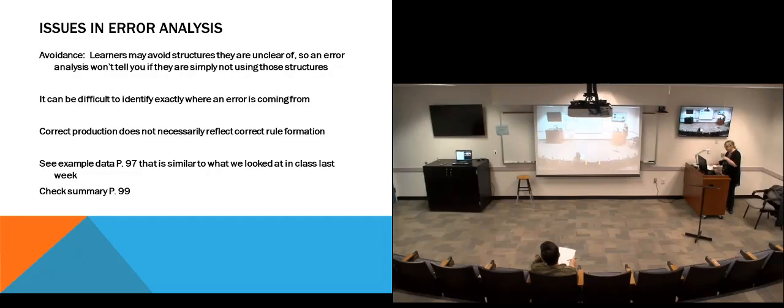I want you to briefly take a look at the summary on page 99, the 3 of you that are here, and make sure that you can check each of those points to remember. If there's one that doesn't make sense to you, speak now. Which page are you on? I'm sorry, 99, Mark. The hierarchy of difficulty.